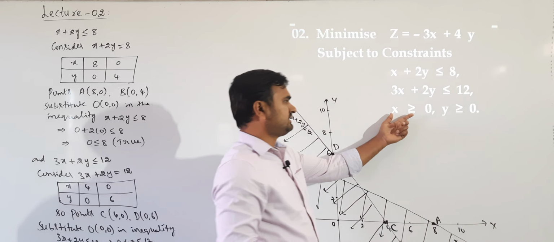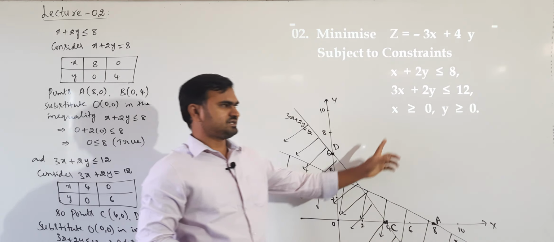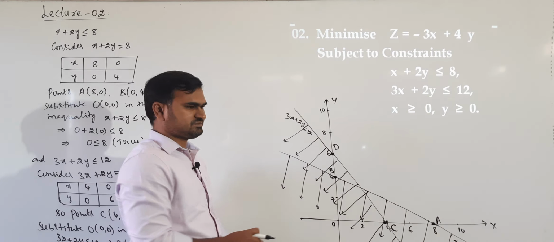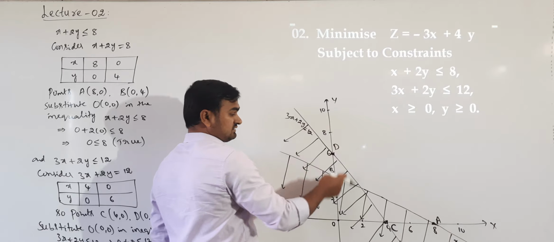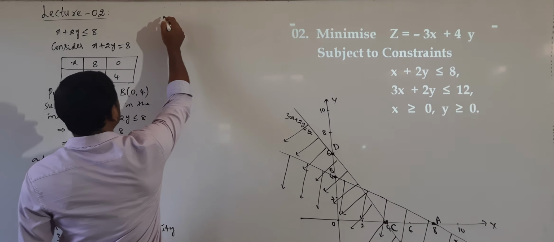Now we have x greater than or equal to 0, y greater than or equal to 0. What is the meaning of x positive, y positive? Means they are non-negative. So we know x positive, y positive represents a solution region in the first quadrant. So let us mention about that also.